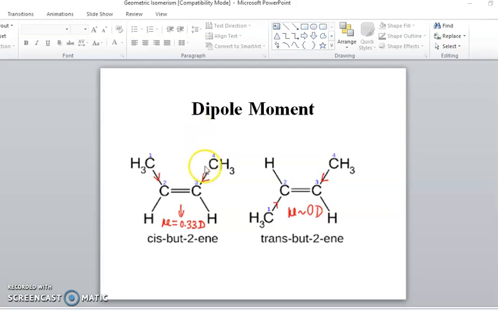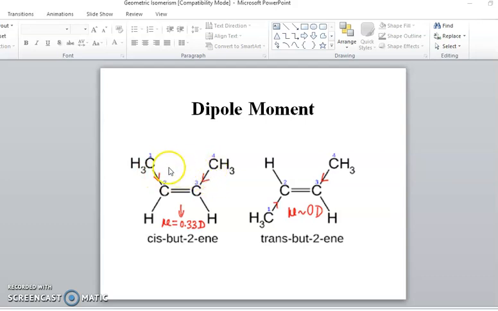So what happened? The head of the vector is always projected towards the more electronegative atom. So this carbon is sp2, which is more electronegative than this carbon. So here the head is projected in this direction, and here also the head of the dipole moment vector is projected towards the more electronegative atom. So in this case, both the dipoles are oriented in the same direction.